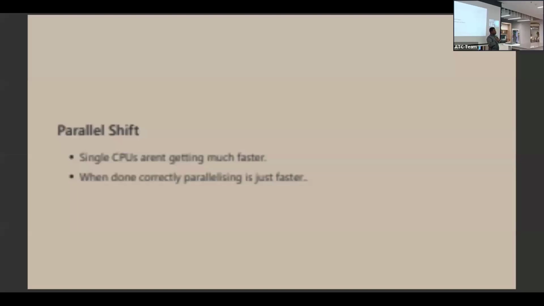We've hit a wall where we cannot make the transistors smaller because then they leak, and we cannot increase the clock speed that much because it'll overheat. Cooling is one of the biggest problems with high transistor count and high clock speed computers. So if you can manage to parallelize code, chances are it will be much faster.